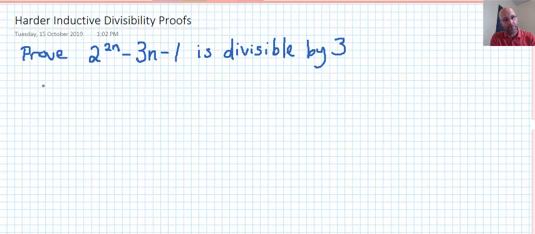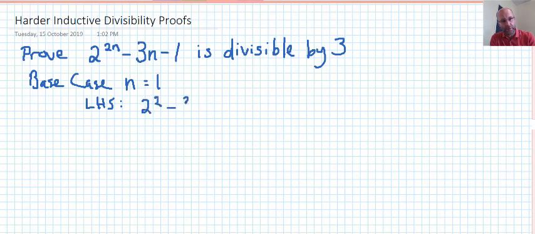So moving through our proof, we've got to prove that 2 to the 2n minus 3 times n minus 1 is always divisible by 3. So we go for our base case, n equals 1. On the left hand side we've got 2 squared minus 3 by 1 minus 1.